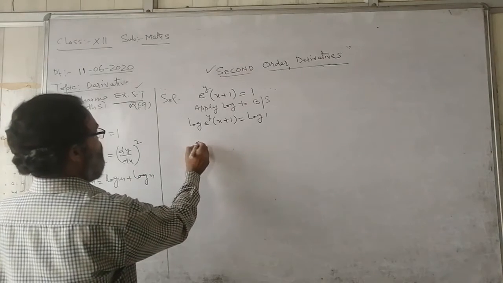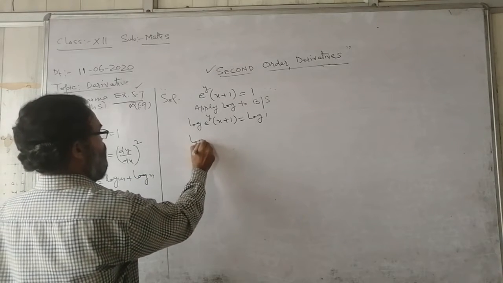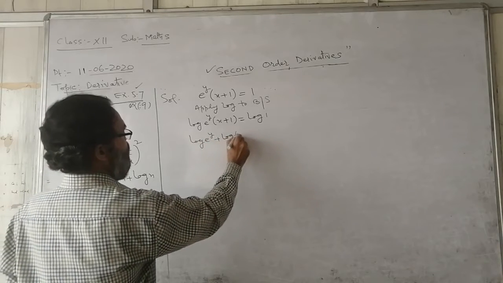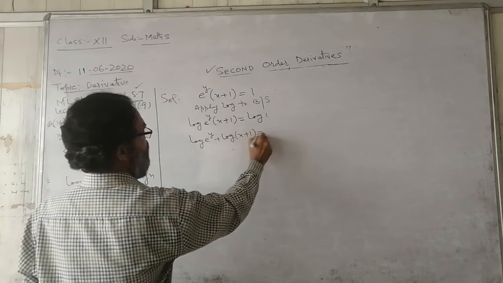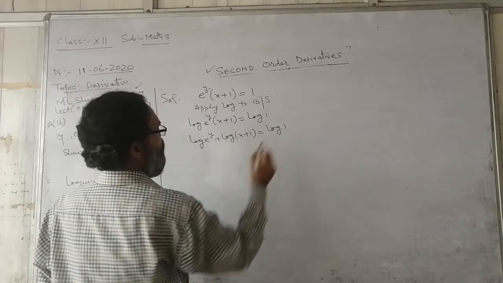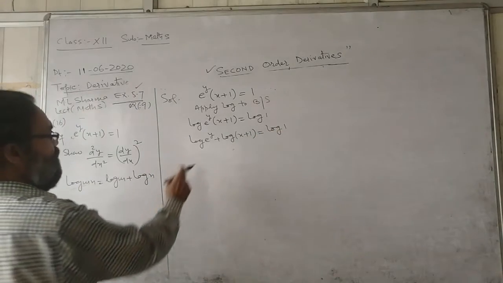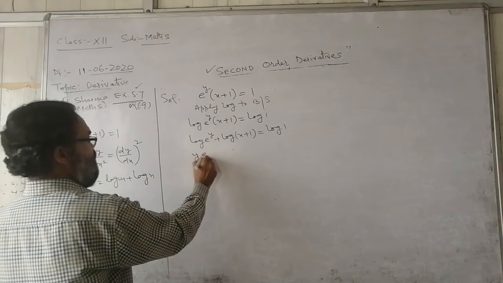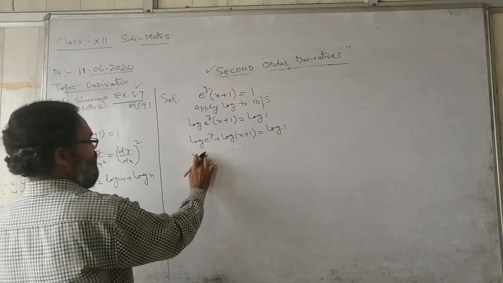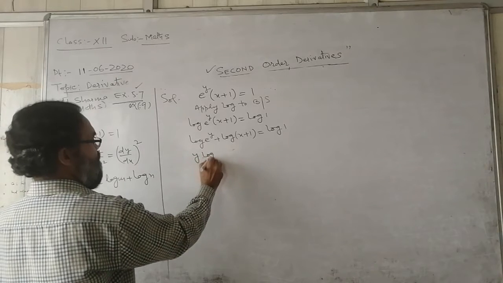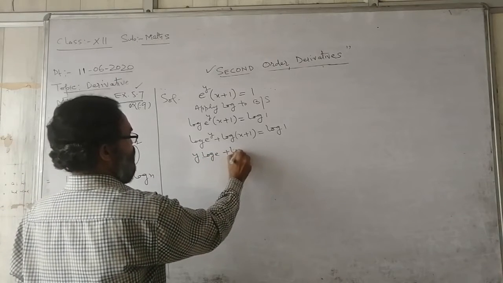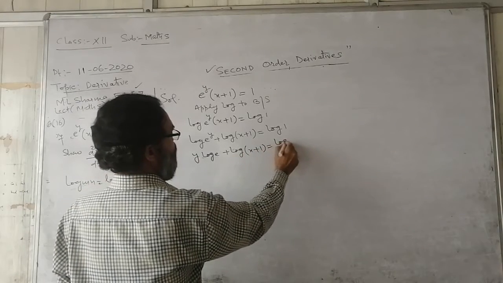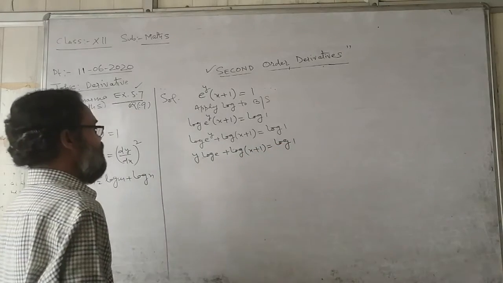So I can write this as log of e to the power y plus log of x plus 1, equal to log 1. Now this exponent can be written as y into log of e plus log of x plus 1 equal to log of 1.